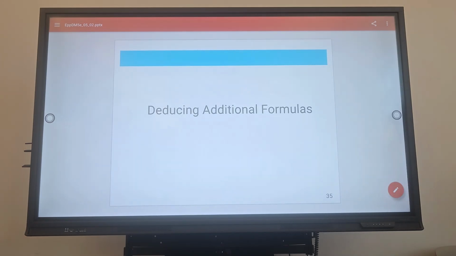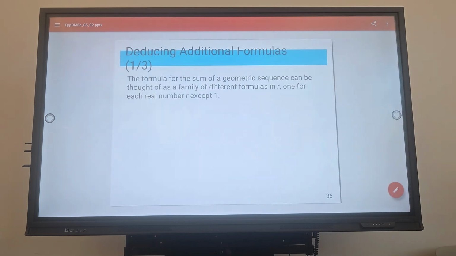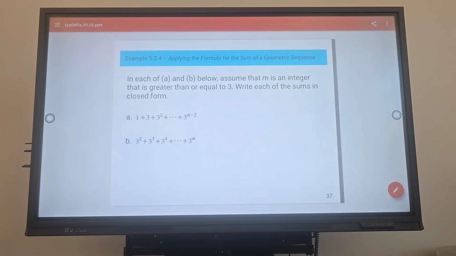Deducing additional formulas. The formula for the sum of a geometric sequence can be thought of as a family of different formulas in r, for each real number r except 1. In each of A and B below, assume that m is an integer that is greater than or equal to 3. Write each of the sums in closed form.